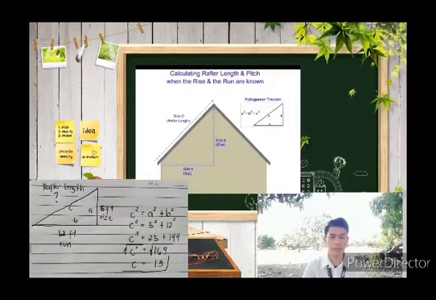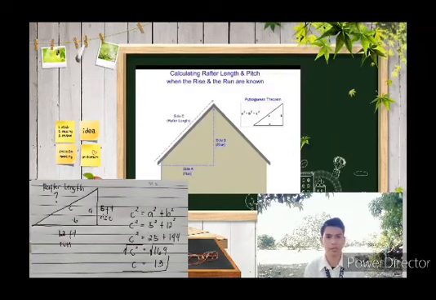5 squared plus 12 squared, because in our given value, ang rise natin ay 5 feet, and ang run natin ay 12 feet. So, nasubstitute na natin. C squared is equal to 5 squared plus 12 squared, where 5 squared is 25 and 12 squared is 144.